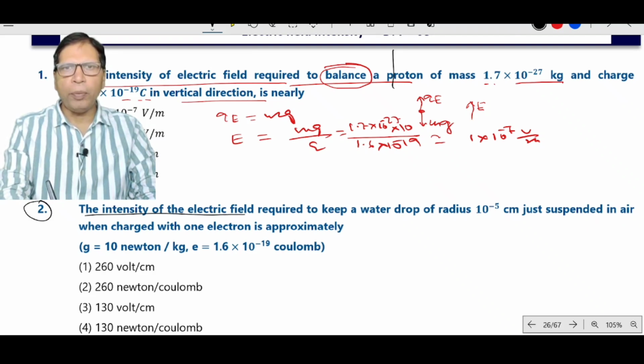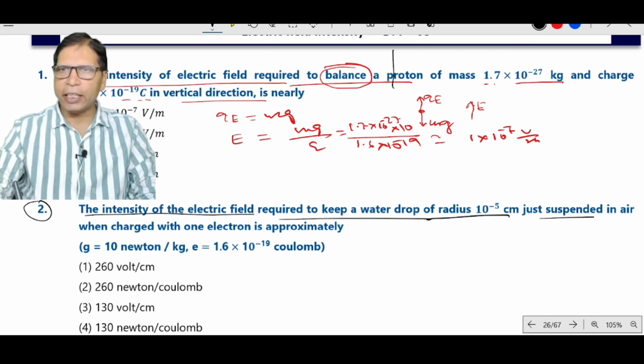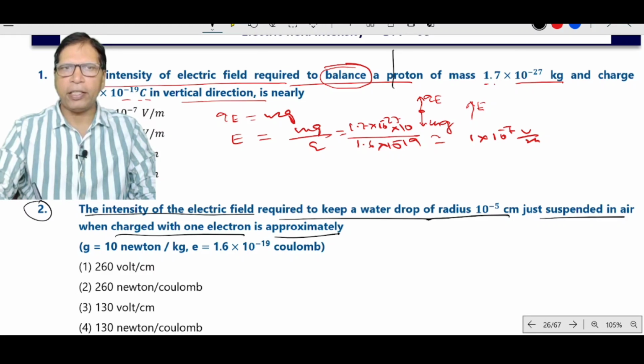Now question number 2. The intensity of electric field required to keep a water drop of radius 0.5 centimeter just suspended in air when charged with one electron is approximately.